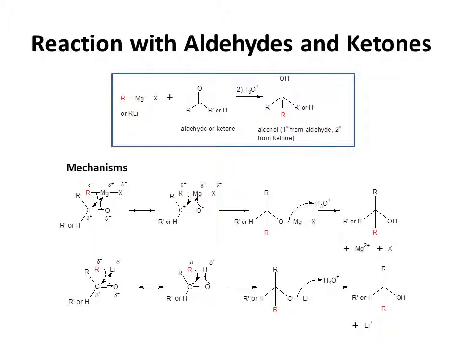As before, the organolithium reagent is going to line up with C double bond O. You're going to transfer the partially negative R group to the C plus, and the lithium cation to O minus. And once you form that salt, you follow that up in another step with dilute acid, generating your alcohol and releasing the lithium cation.